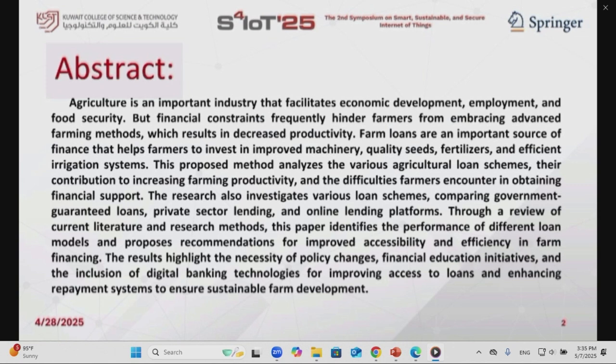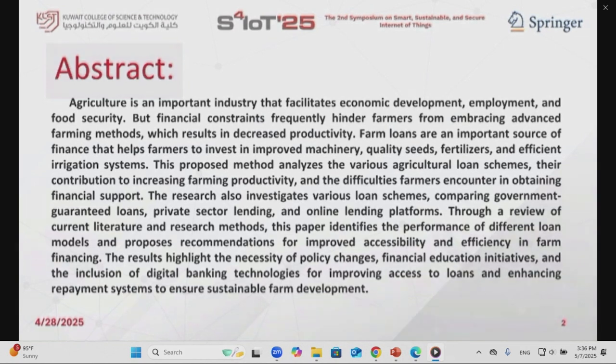The research also investigates various loan schemes, comparing government guaranteed loans, private sector lending, and online lending platforms, for improved accessibility and efficiency in farm financing. The results highlight the necessity of policy changes, financial education initiatives, and the inclusion of digital technologies to improve access to loans and enhance the repayment system to ensure sustainable farm development.